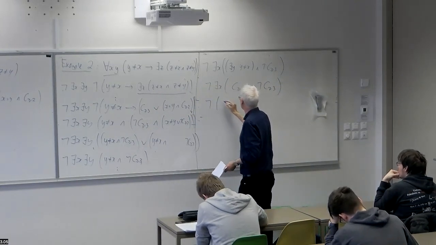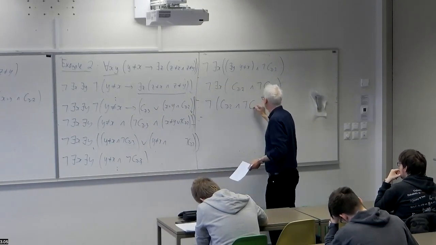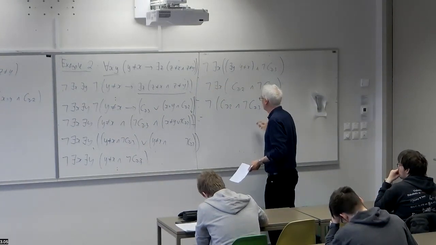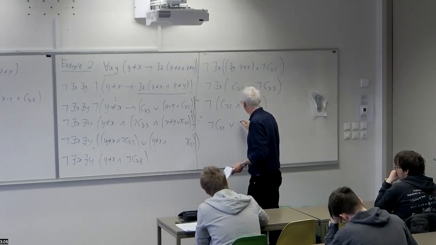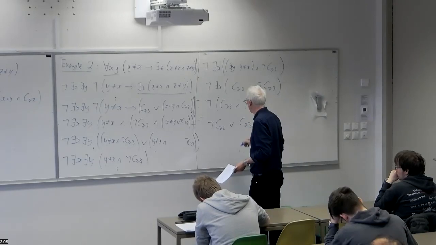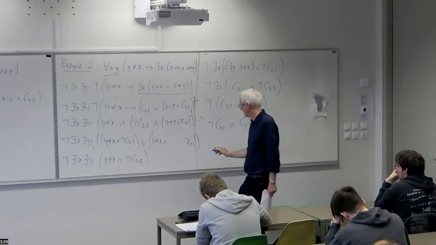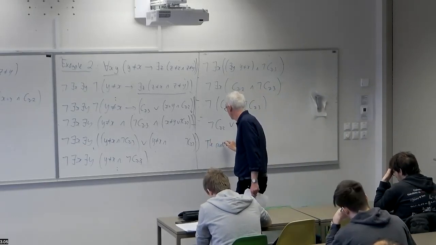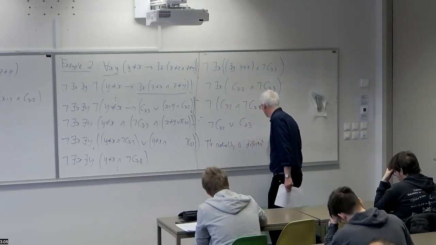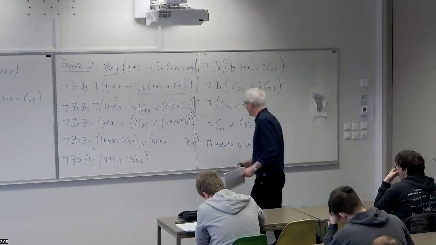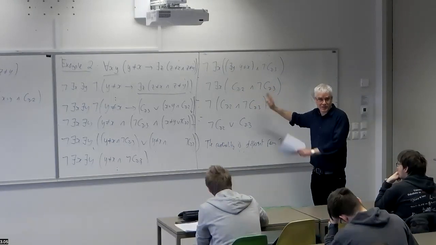So this is just the negation of the cardinality is greater than or equal to 2 and not true that the cardinality is greater than or equal to 3. In other words, the cardinality is not greater than or equal to 2, or the cardinality is greater than or equal to 3. In other words, the cardinality is different from what? From 1.